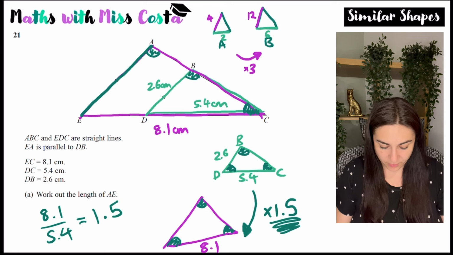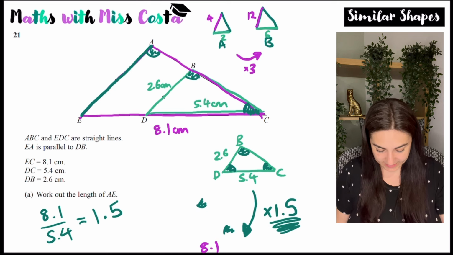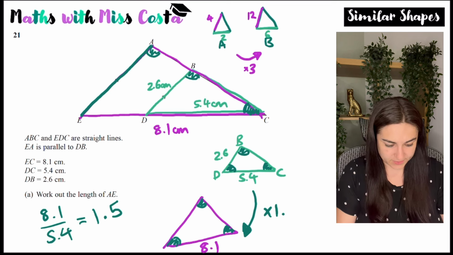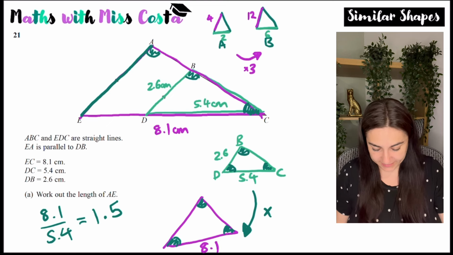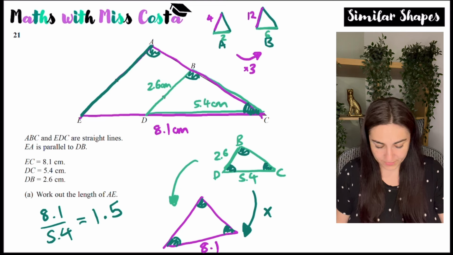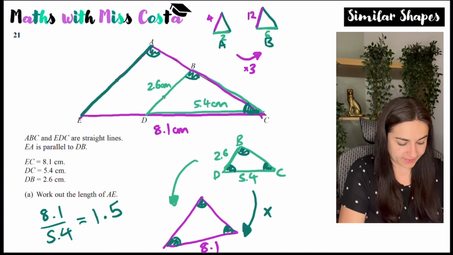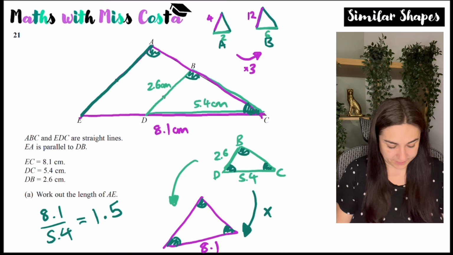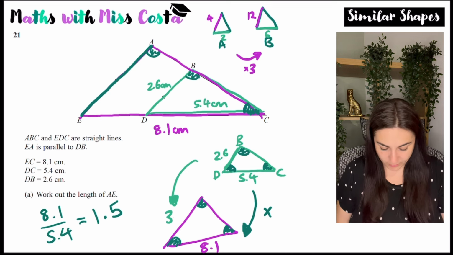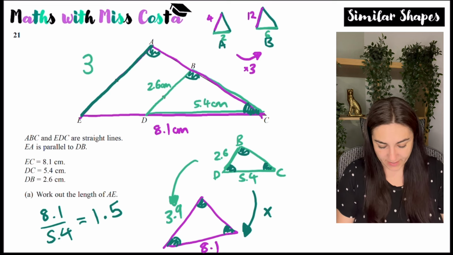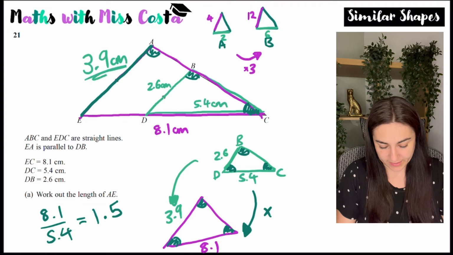So to work out what this side here is, oh, why did it just delete everything? To work out what that side here is, I'm going to need to multiply its corresponding side by 1.5. So 2.6 times 1.5 gives me 3.9. So the length of AE is 3.9 centimetres.